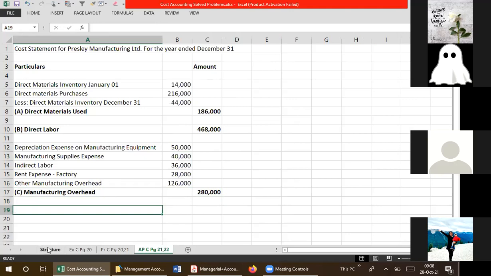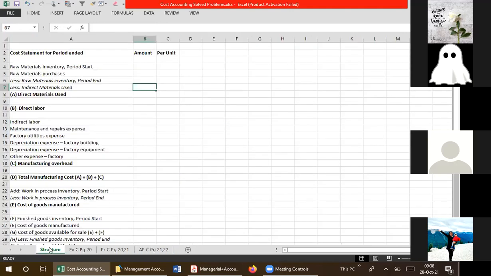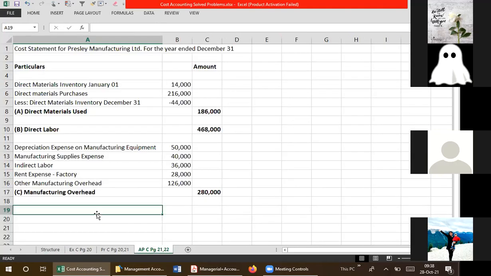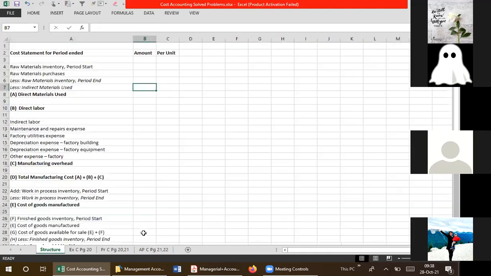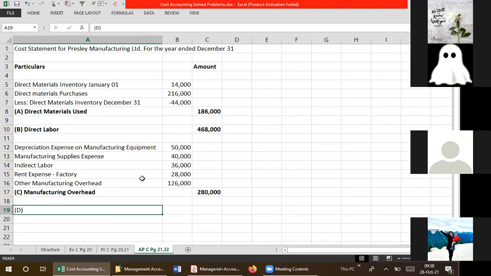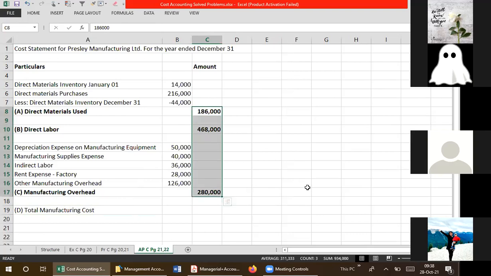Next, we get by adding A, B, and C total manufacturing cost. So D. Total manufacturing cost is 934,000.